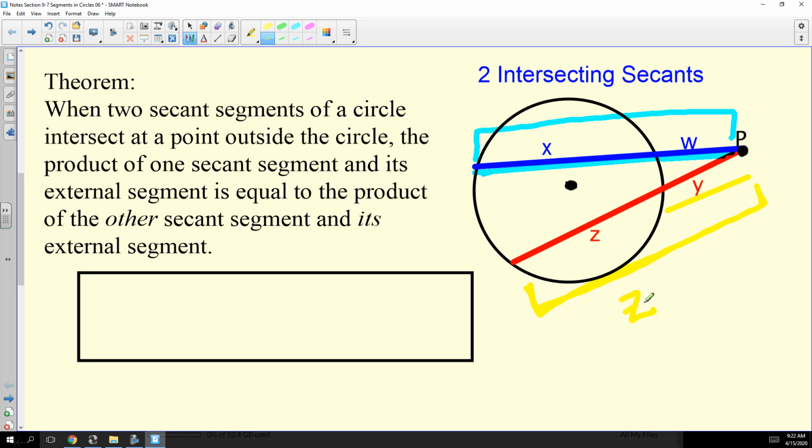So this would be z plus y, and this one would be x plus w, right? Okay, and that would look something like this.